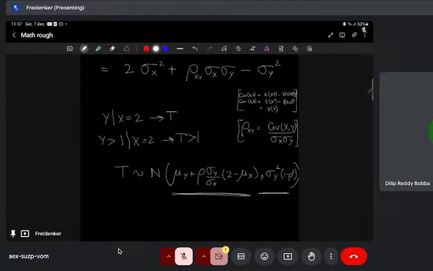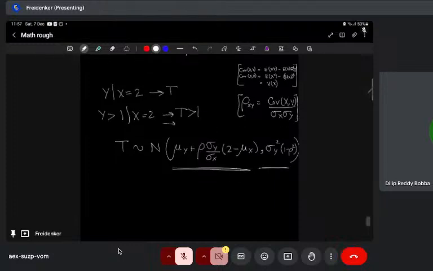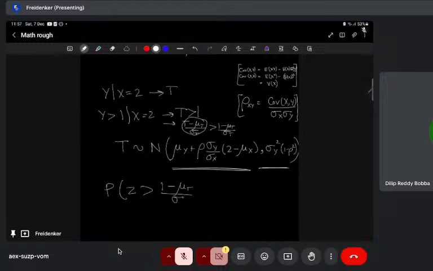You can convert this to standard normal, and then you can use the z table to find the answer. So you just have to find the probability of this now. This is your z now. So you just have to find the probability of z greater than 1 minus mu t by sigma t.